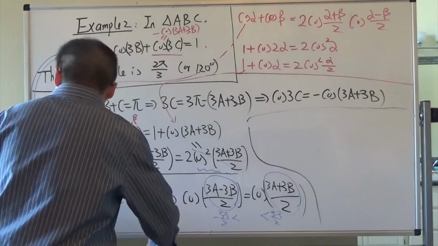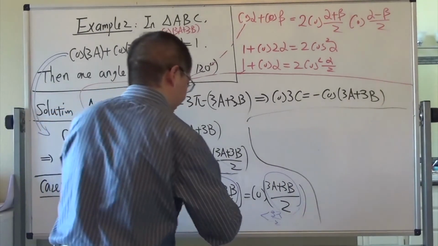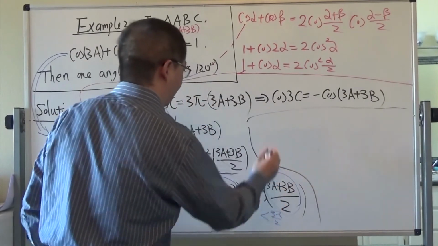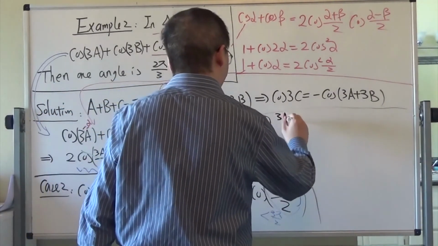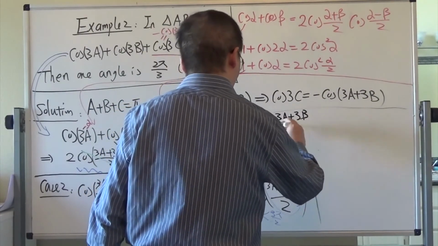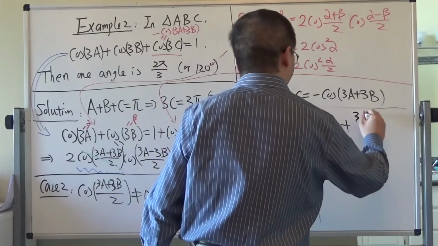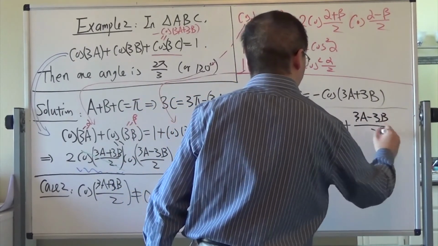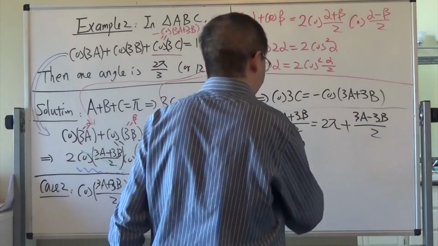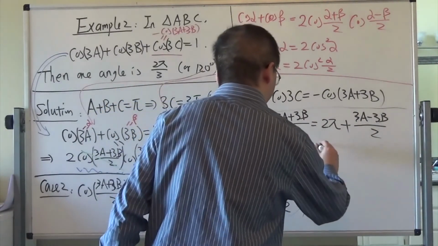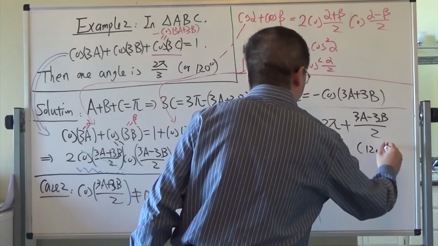So this leads to two situations. Subcase one: (3a plus 3b) over 2 equals 2 pi plus (3a minus 3b) over 2. That's when this one is negative. From this, we immediately derive b equals 2 pi over 3, or 120 degrees.